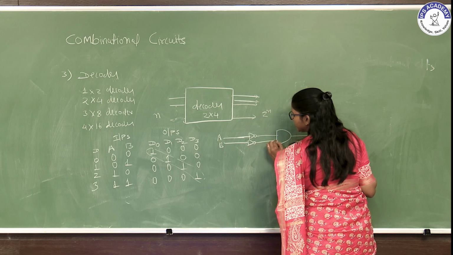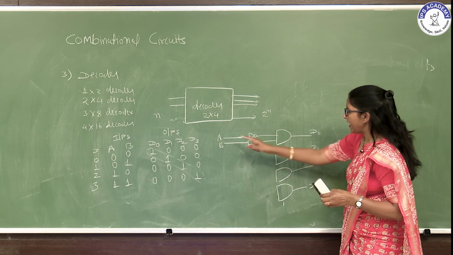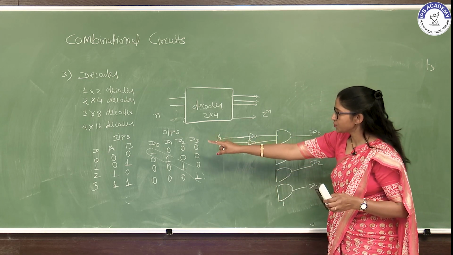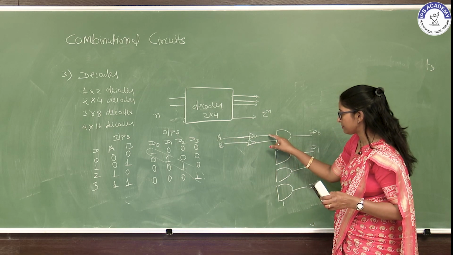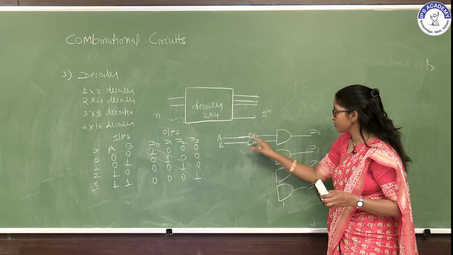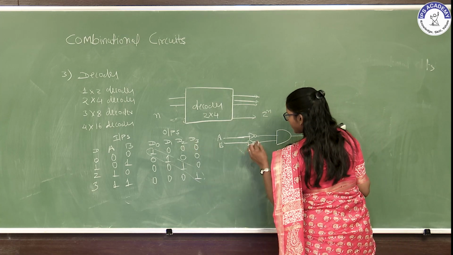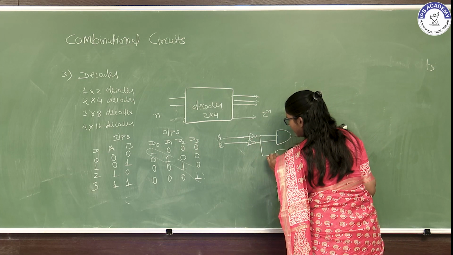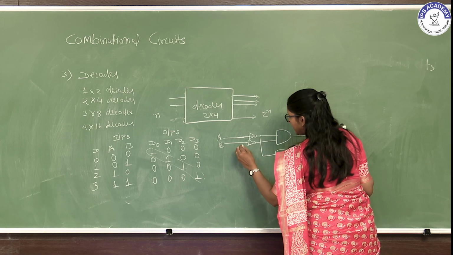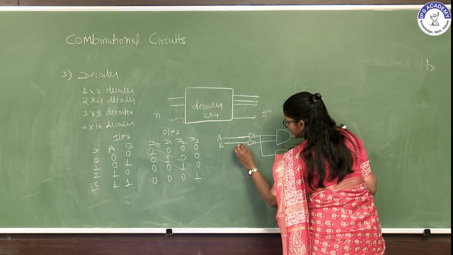So here I am giving 0 0, it means A bar, B bar, 0 0, A bar, B bar. When it is 0 0, here we are getting the 1 and 0, 1. So 0 and 1, B is what? B is 1. So here I am giving like this.